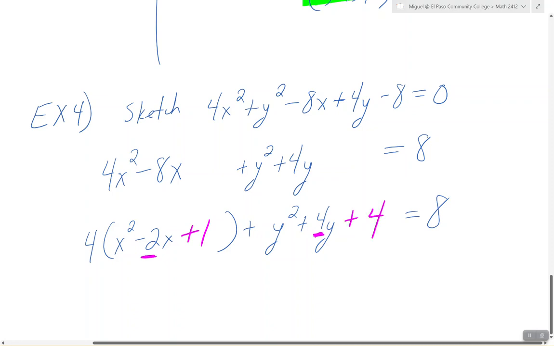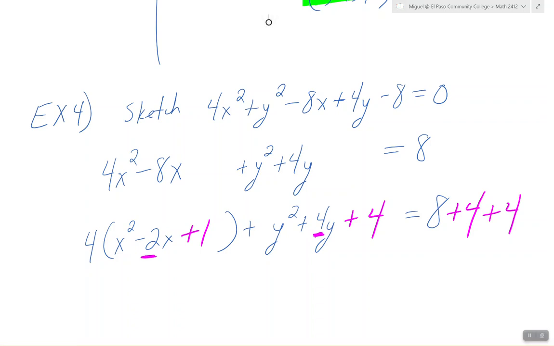And then whatever you added here on the left side to complete the squares, we do the same thing to the right side. The first one is a plus 1, but it's actually a plus 4 because of the 4 that's in front that multiplies it. The second one is a plus 4. So just add 4 on the right side as well to balance out the equation.